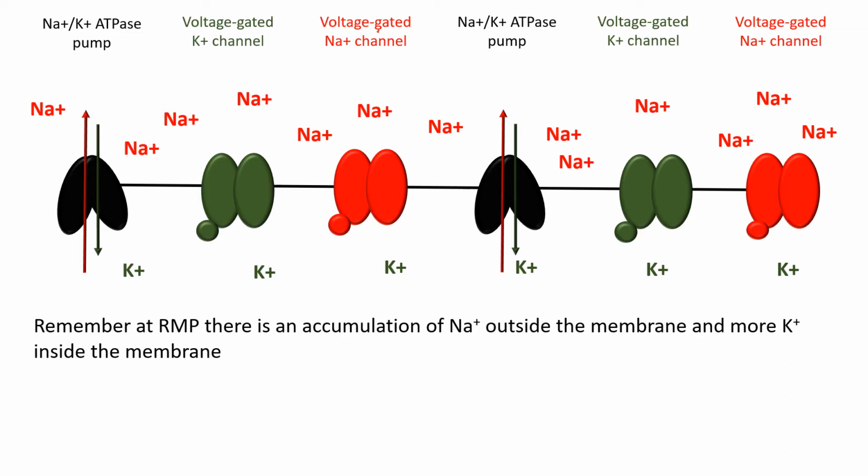So, as we said, at resting membrane potential, we have that accumulation of sodium outside the membrane. That sodium outside the membrane, remember, has a strong electrochemical gradient, and it wants to influx. But generally, at resting membrane potential, all the sodium channels are closed, so it can't. In terms of concentration, we also have more potassium inside the membrane than outside the membrane.